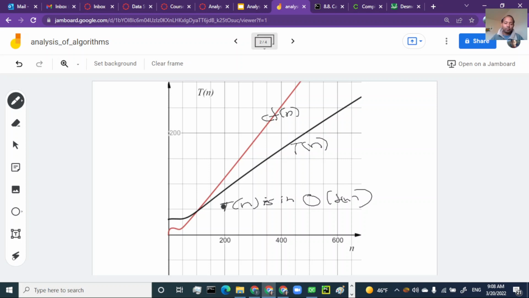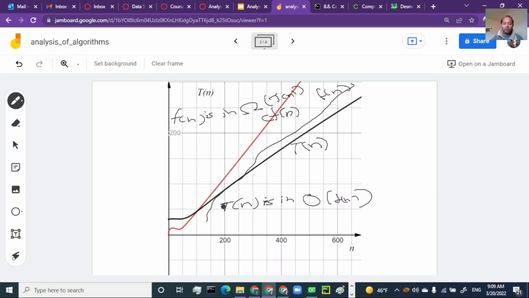So for F(n), we can write that it is in big omega of T(n).